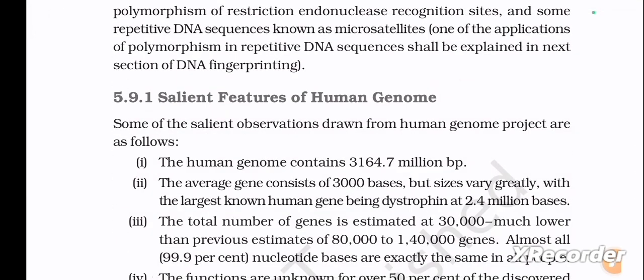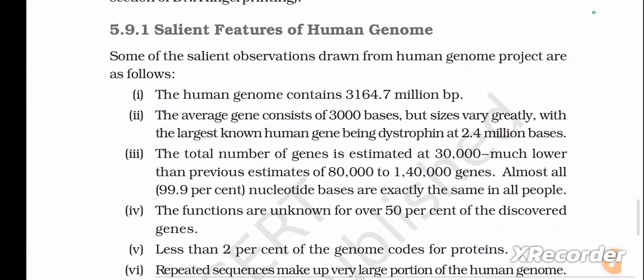Next is 5.9.1 Salient features of human genome. Some of the salient observations drawn from the Human Genome Project are as follows. First one, the human genome contains 3164.7 million base pairs. Second point, the average gene consists of 3000 base pairs, but sizes vary greatly, with the largest known human gene being dystrophin at 2.4 million bases.